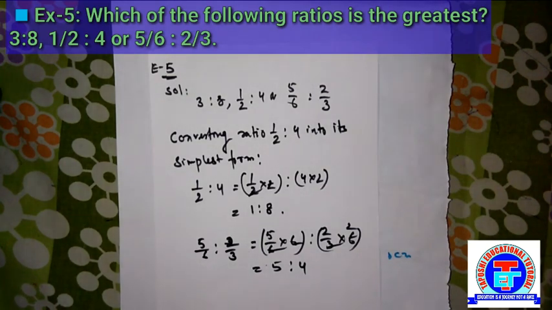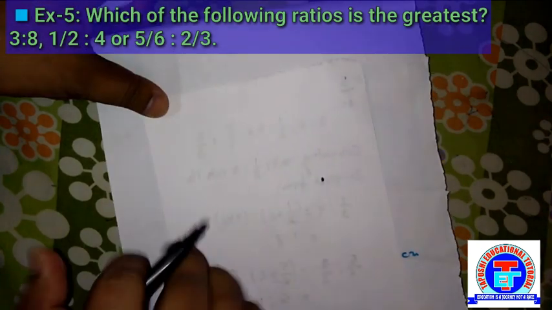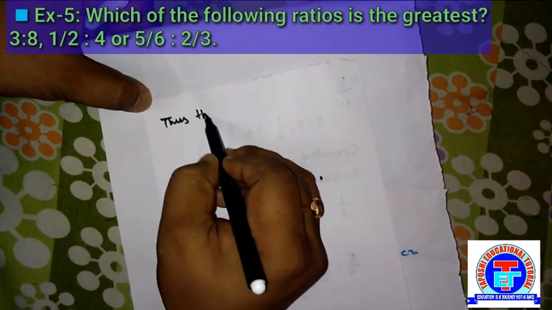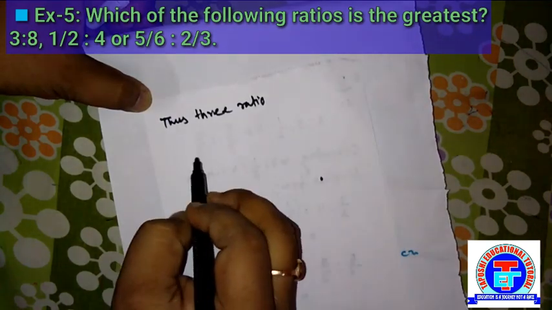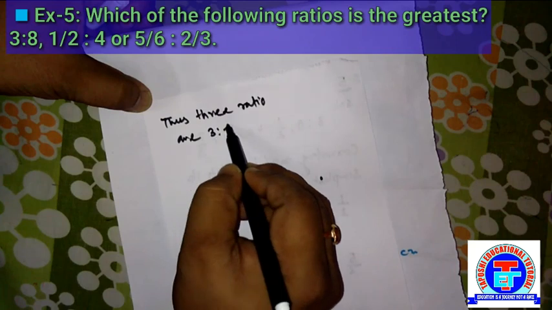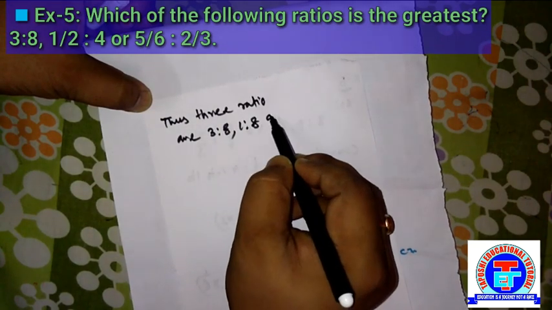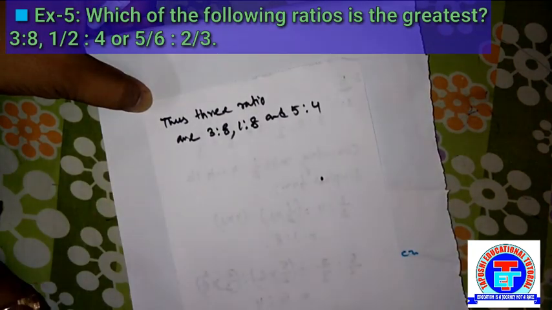5 is to 4. So now the 3 ratios here are 3 is to 8, 1 is to 8 and 5 is to 4, correct.